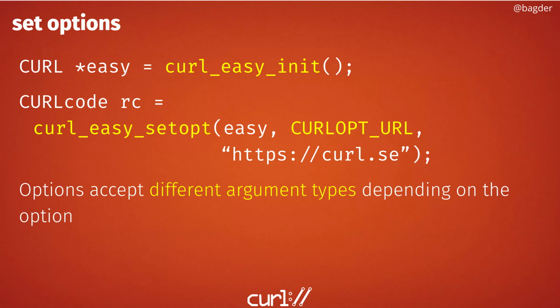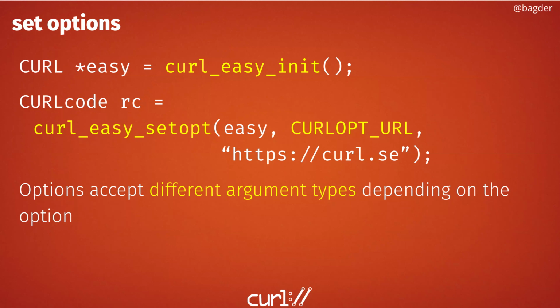And of course, the setopt function, curl_easy_setopt, actually has over 300 options. So you can set a lot of different things, and they accept different argument types in this third argument. In this example here, you can see it sets a string, which is the URL. But you can also set integers for timeout values and other things. There are a few other different types depending on the option as well.